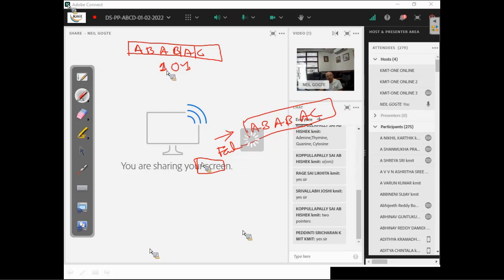Yes, so 1. Did I make a mistake? B, no, from here B, no, this prefix matches the suffix. Yeah, so I think this is wrong. No, I think I made a small mistake.